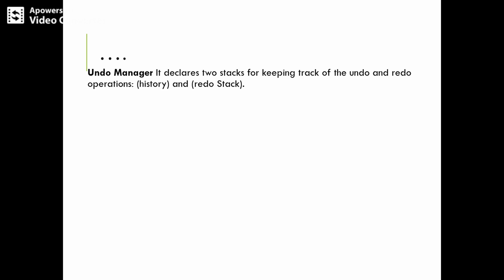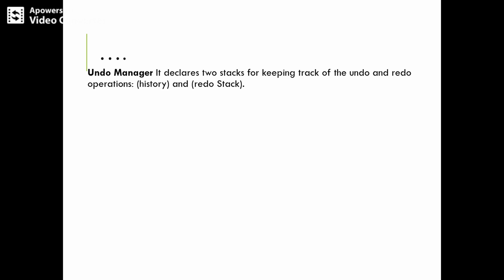There is also a command stored in a field, namely currentCommand. So we have public class UndoManager with a private stack history, a private stack redoStack, and a private command currentCommand.